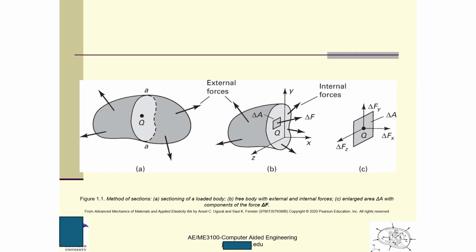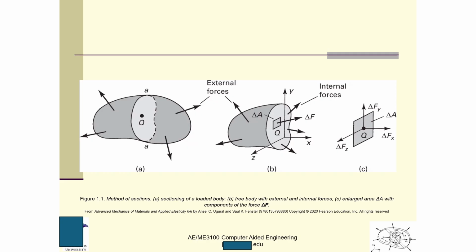Okay, so here, suppose this is the domain, and we have multiple externally applied loads, externally applied forces here. Then we have a cross-sectional area, which is denoted by A, and a generic point Q here.